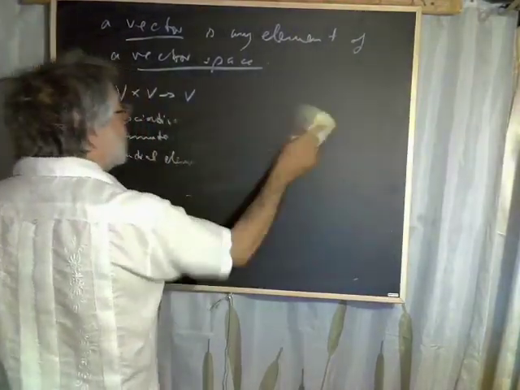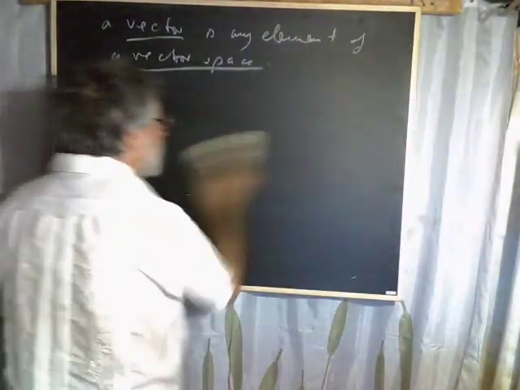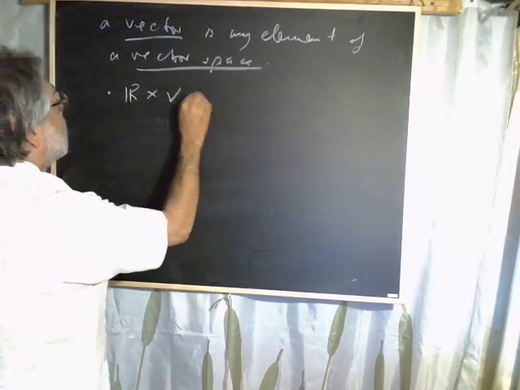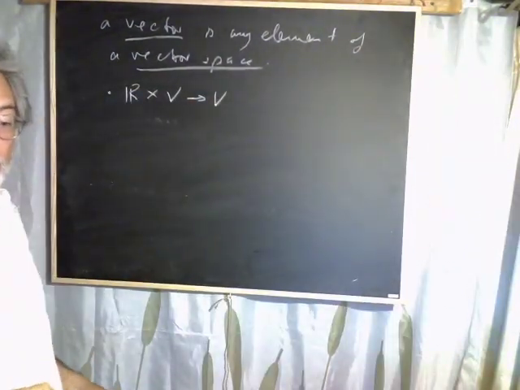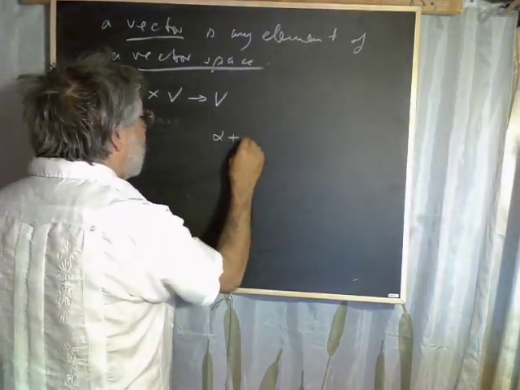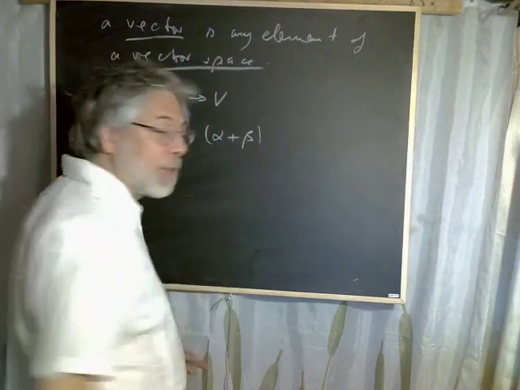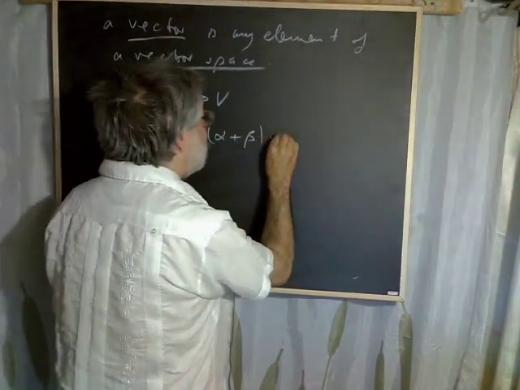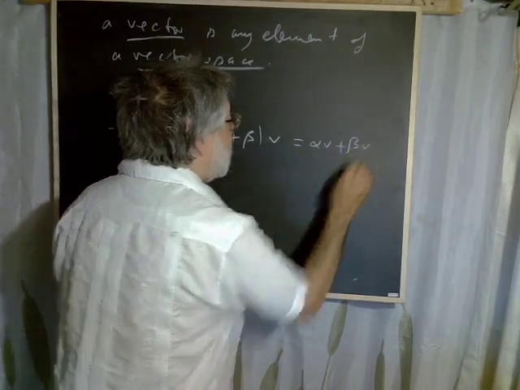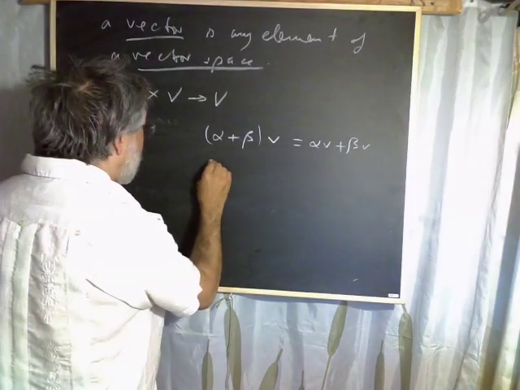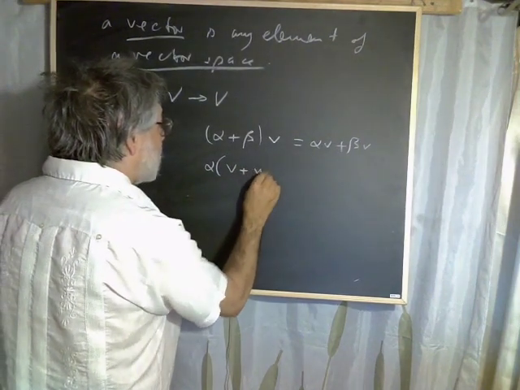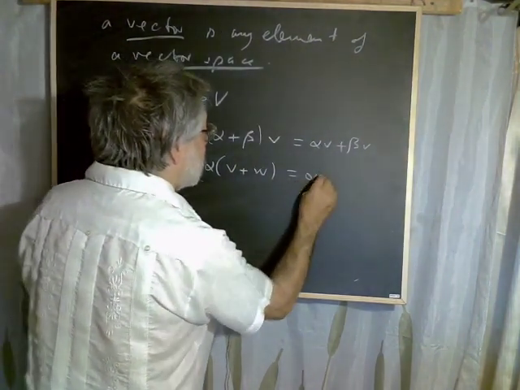We also have scalar multiplication. So you take a real number and a vector and obtain a vector. And it has to satisfy these laws. Take 2 scalars alpha and beta times a vector V equals alpha V plus beta V. If you take a scalar and multiply it with a sum of 2 vectors, you get this.